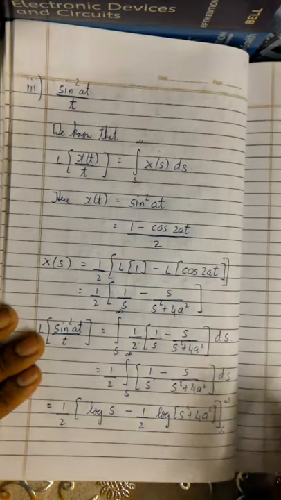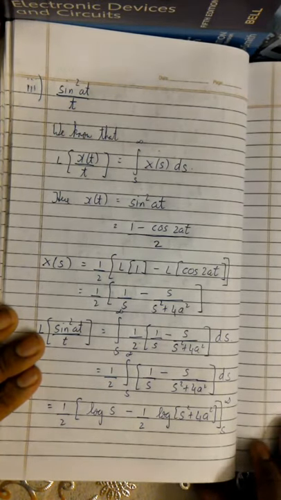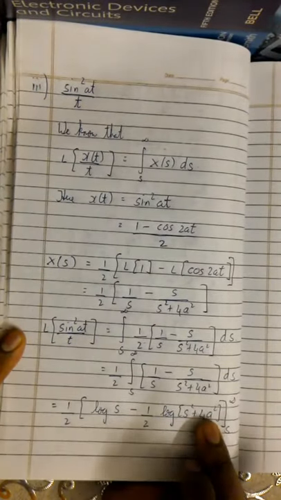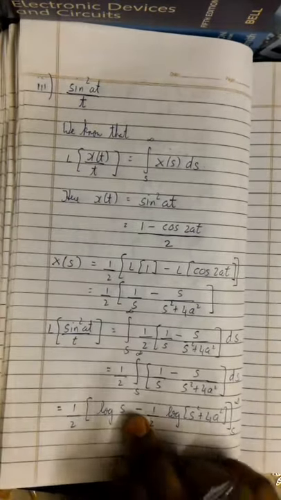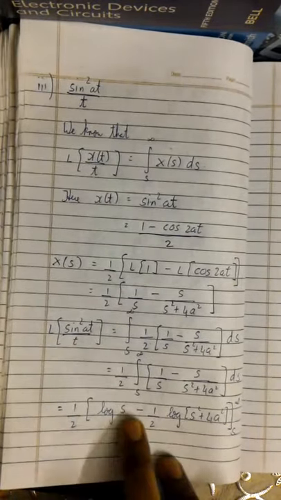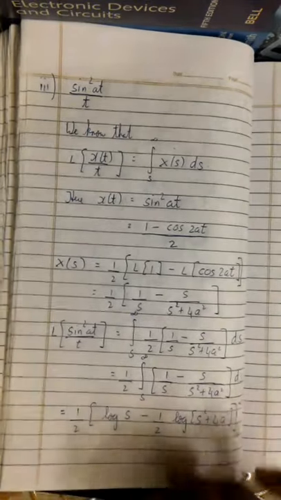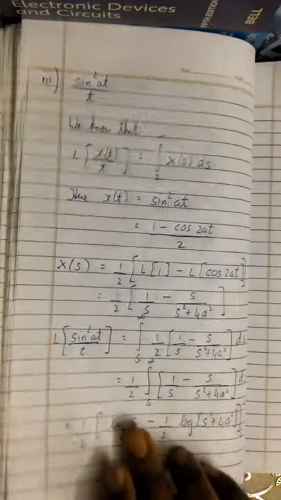This 1/2 can be taken as a power, so it becomes the square root of s² + 4a². And this minus, if I want to combine these, becomes division, so the two factors become reciprocals of each other.